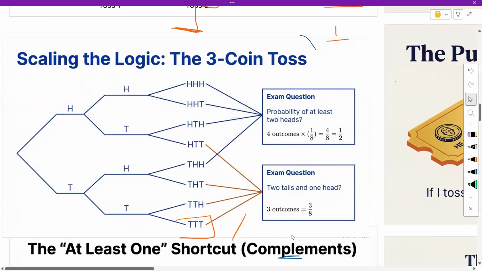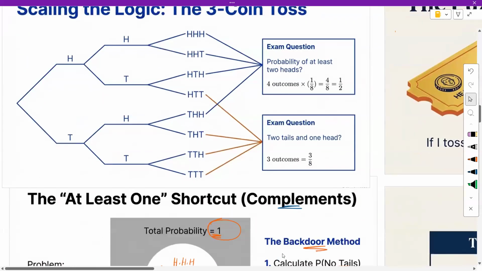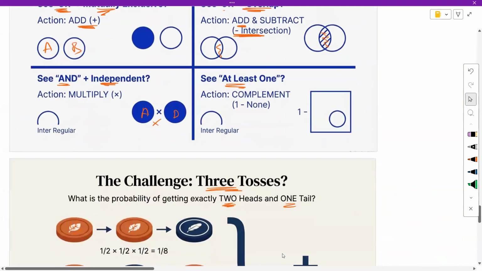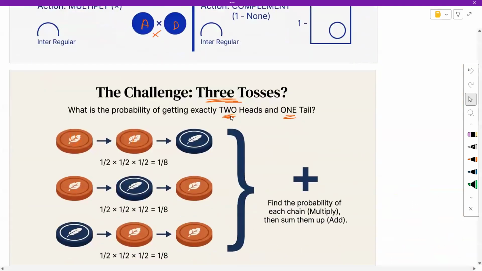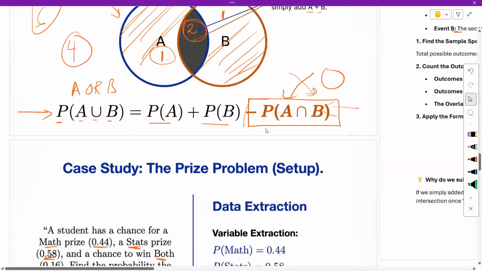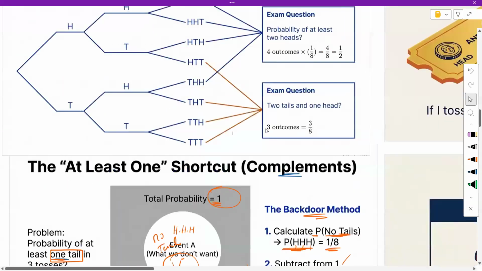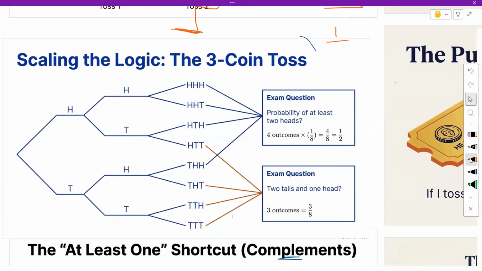Probability of getting 2 heads and 1 tail. What's the probability here? 2 heads and 1 tail, 2 heads 1 tail, 2 heads 1 tail, and so on.